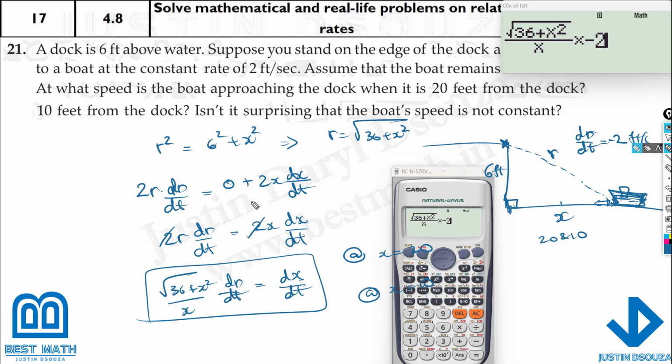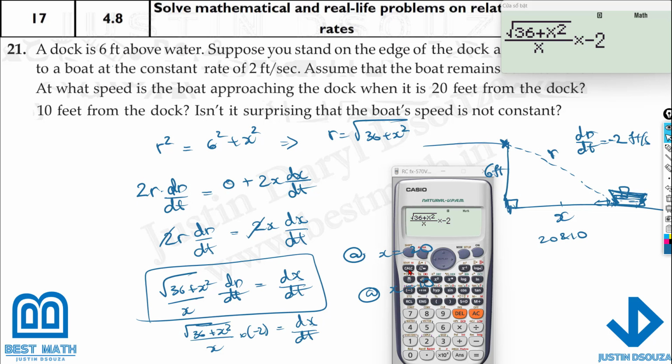I had forgotten to write it. That is equal to dx by dt, basically x prime of t, and dr by dt would be r prime of t.